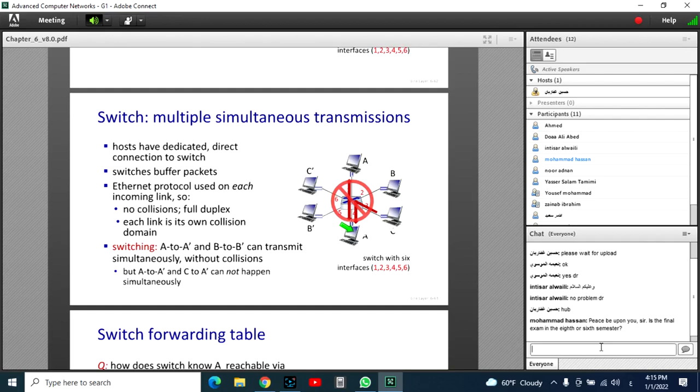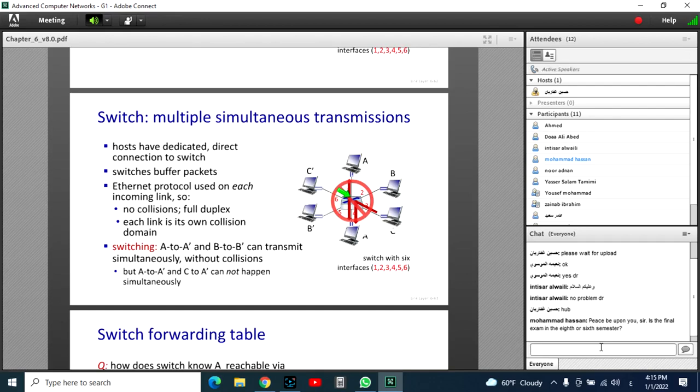Yes, this switch has some buffers. So the switch can buffer, for example, the received frame from C. It can put it in a queue and send it later.